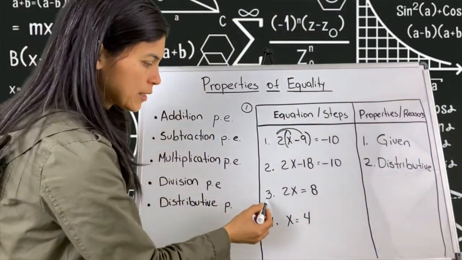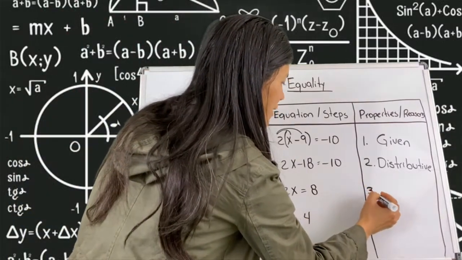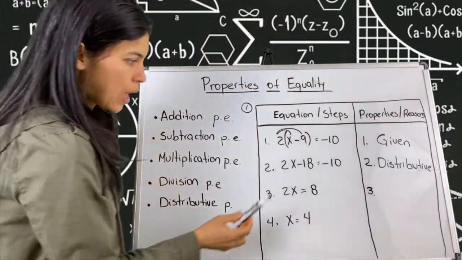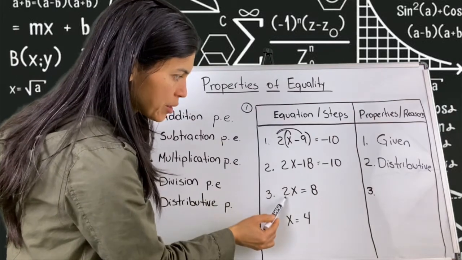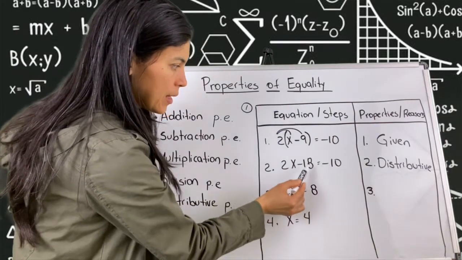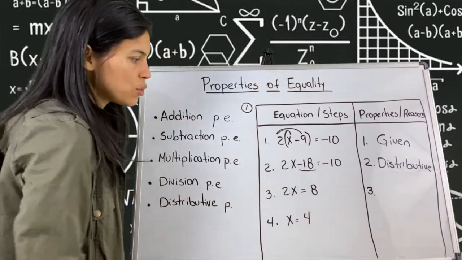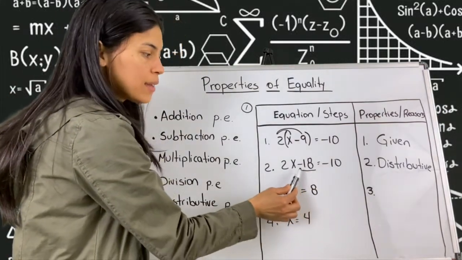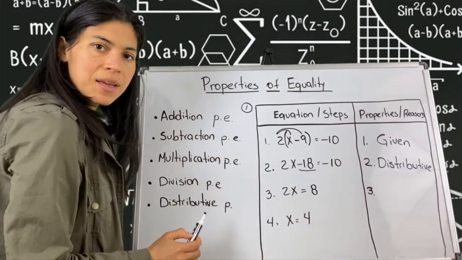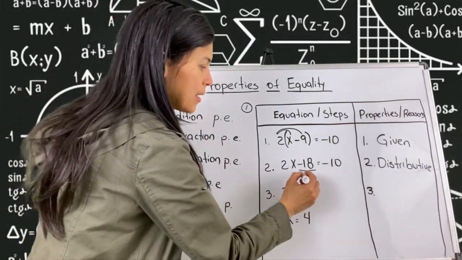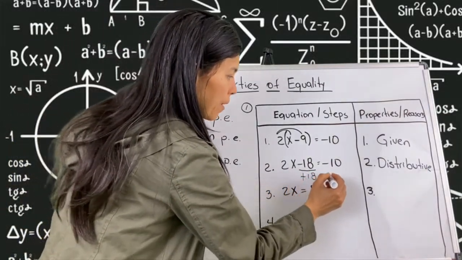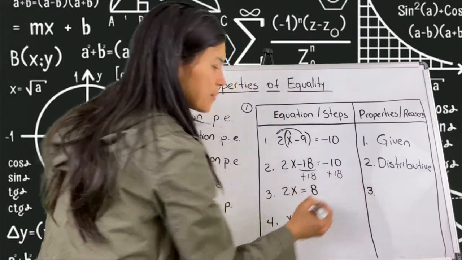Let's go to step number 3. What did they use? Now I see that the 2x is written here, but then the negative 18 has disappeared. What did they do with the negative 18? Okay, in order to get rid of the negative 18, they must have added a positive 18 on both sides.